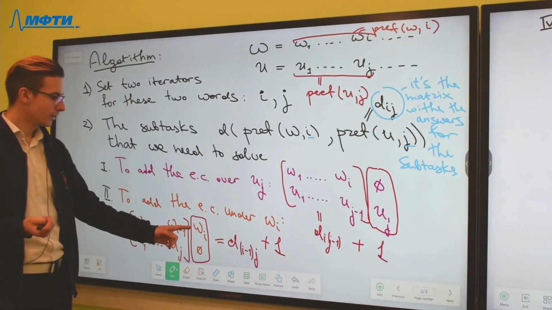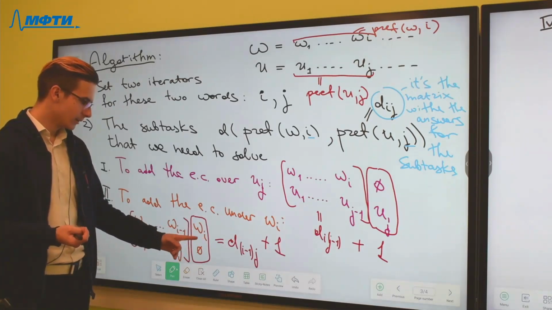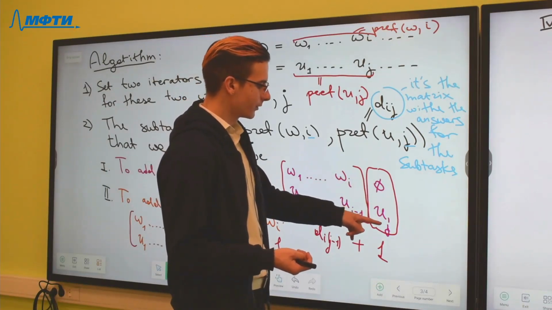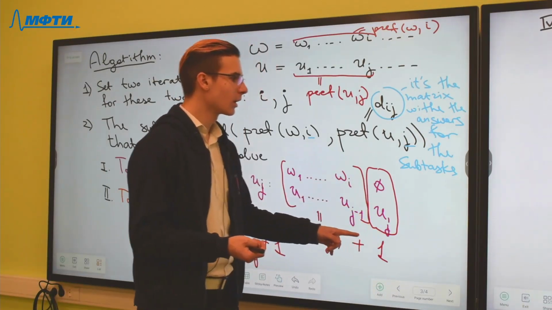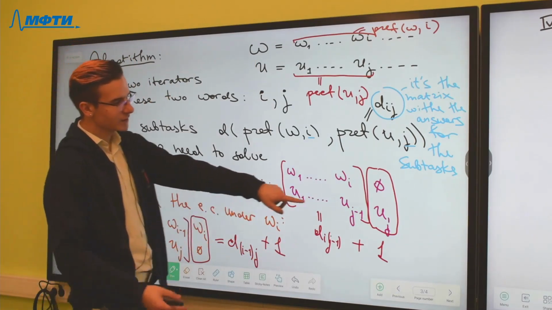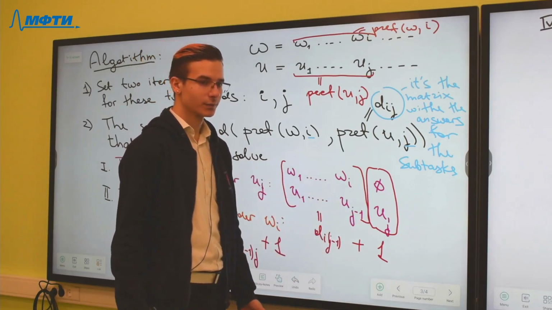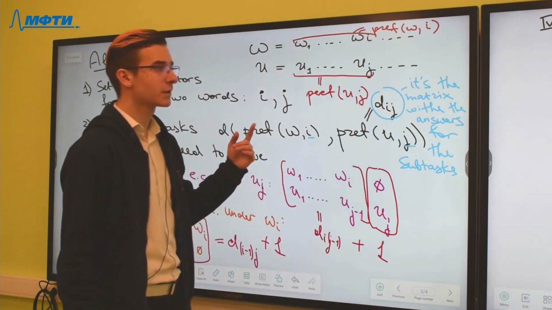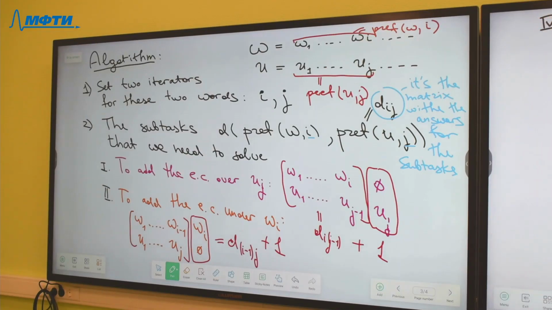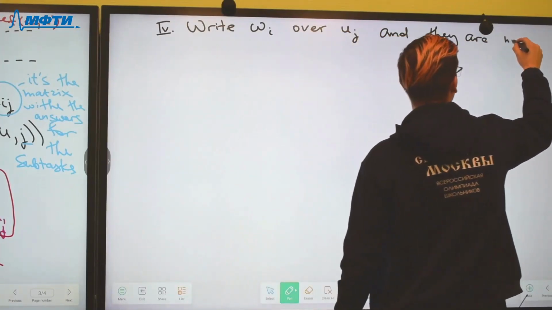When we write an empty character under omega we, when we write an empty character over u with index j, and when we write this character over this character and they are not equal, and the special case when they are equal.